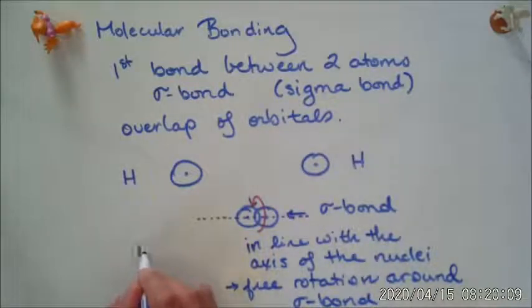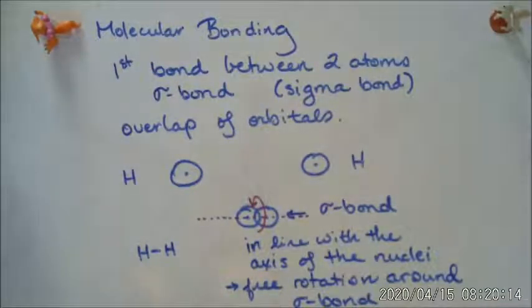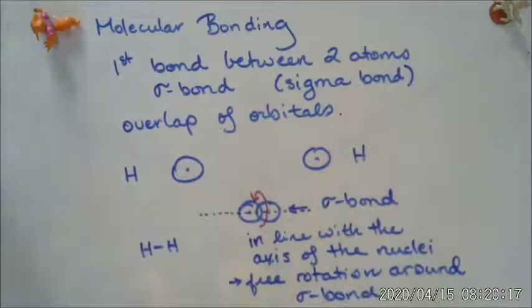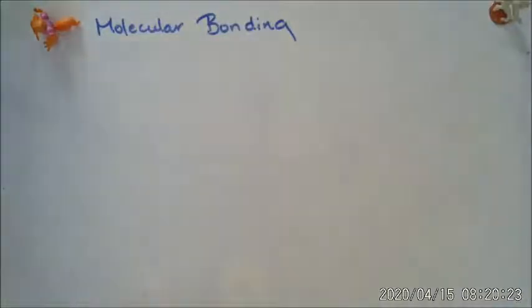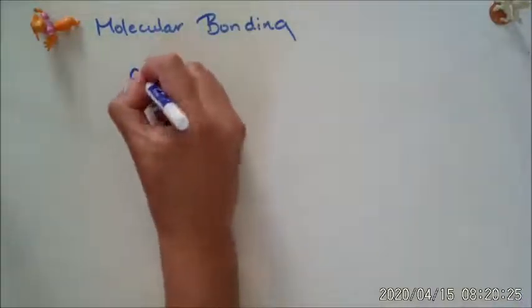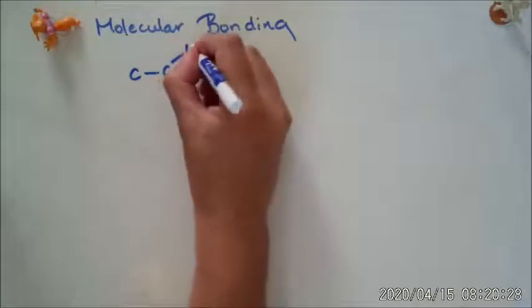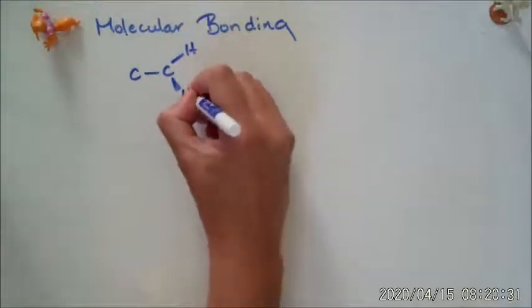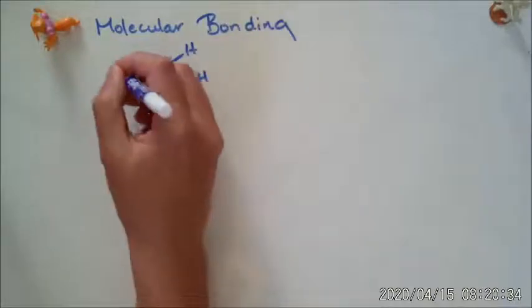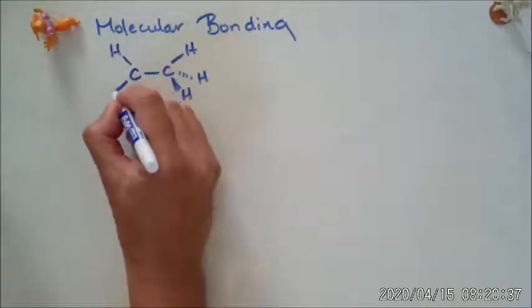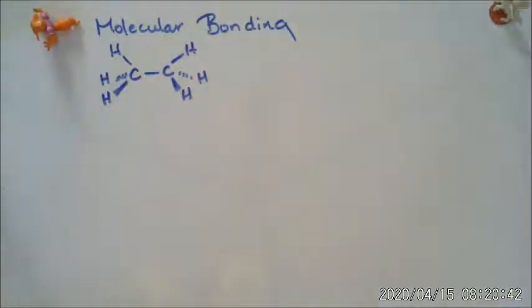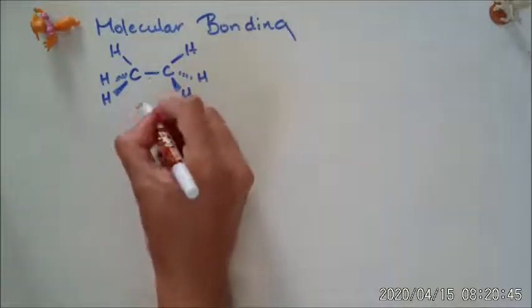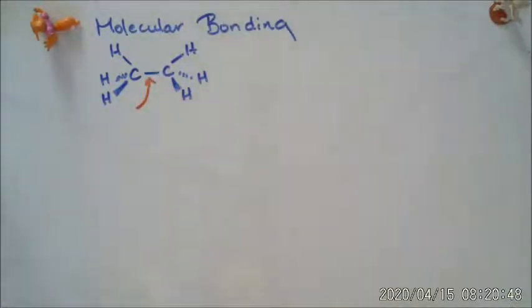Well, when you look at something like hydrogen, you're not going to really be able to tell too much of a difference. So let's do a sigma bond between two carbons. So if we look at something like ethane, okay, and we're going to focus on this sigma bond.